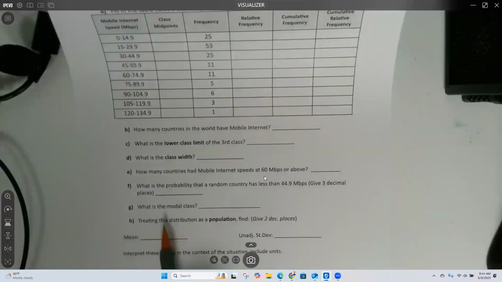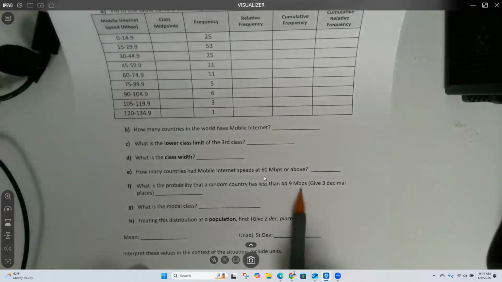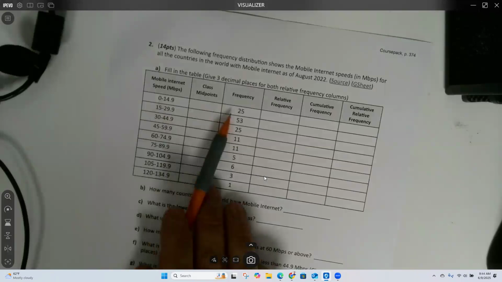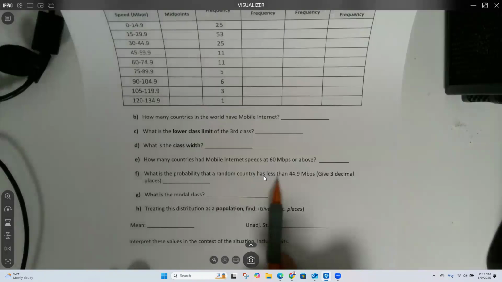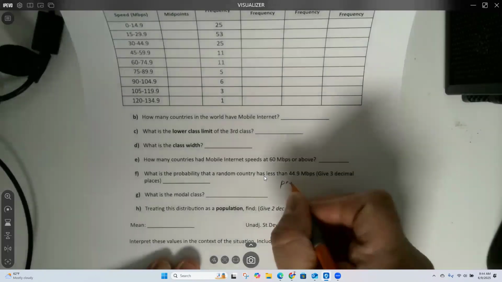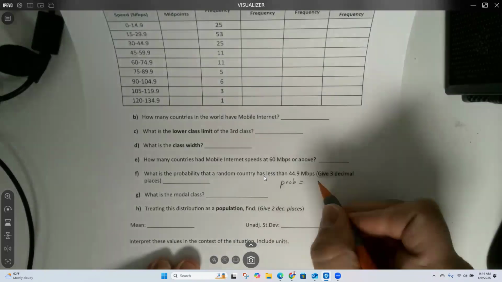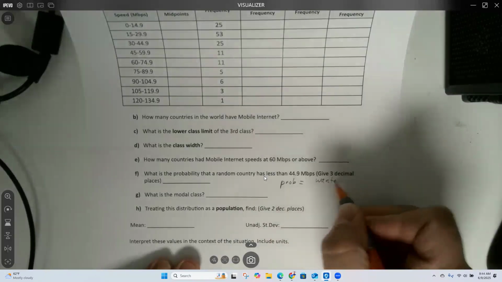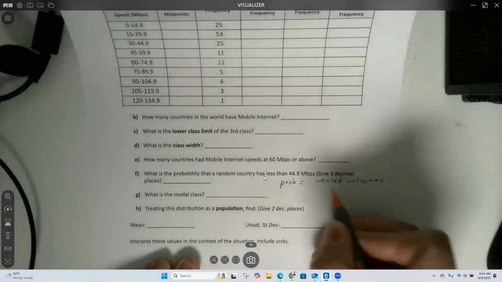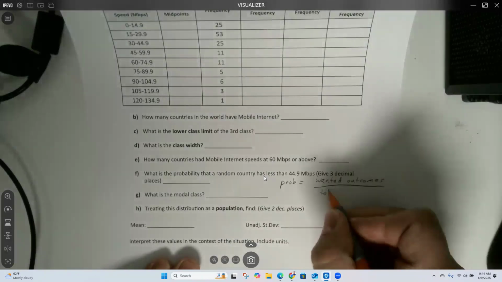All right, so F. What is the probability that a random country has less than 44.9 megabits per second? Okay, so this is looking at internet speed by countries in the world. So what is the probability that a country has less than? So again, probability is equal to the total number of wanted outcomes divided by the total number of outcomes.